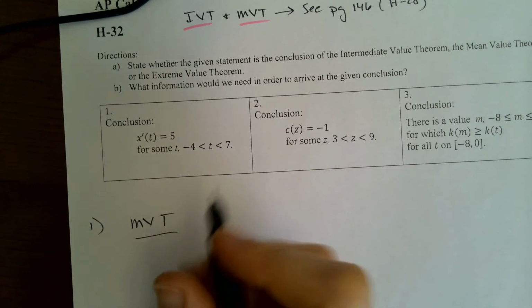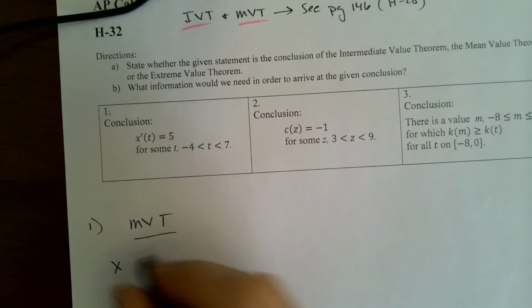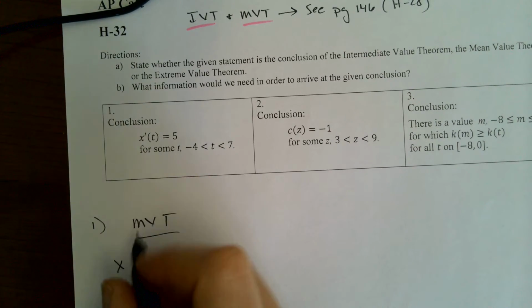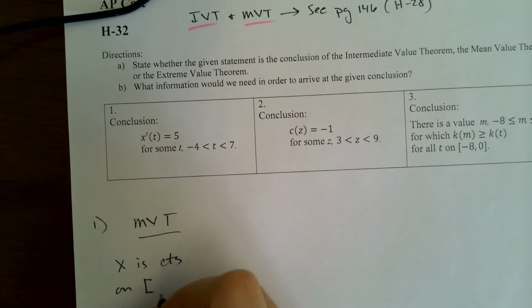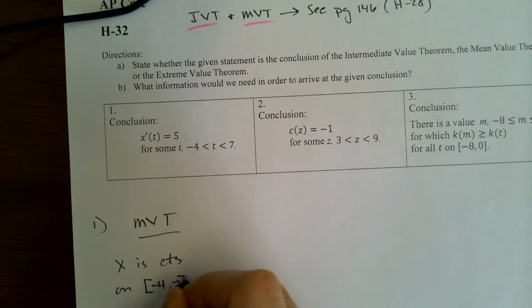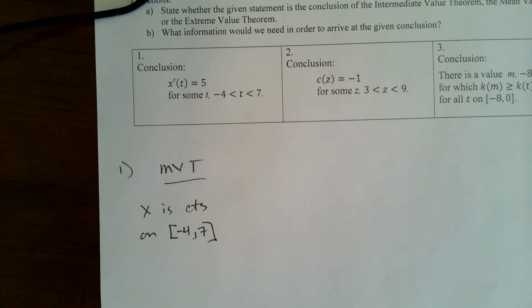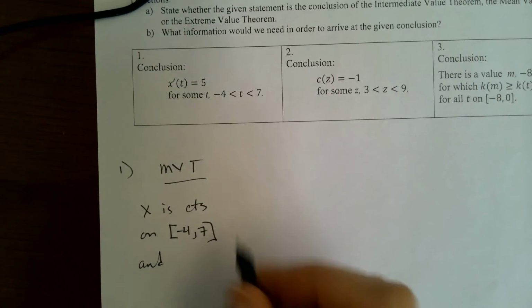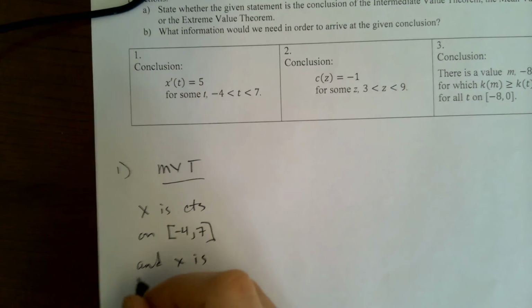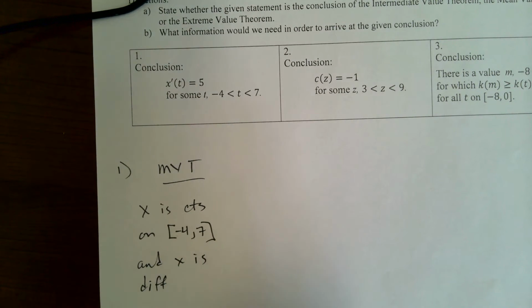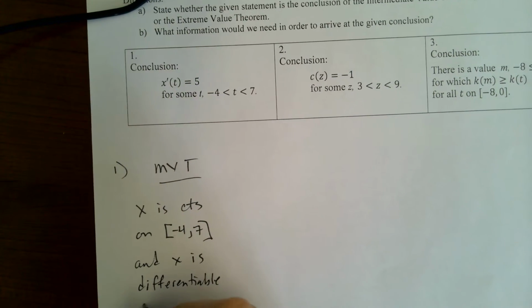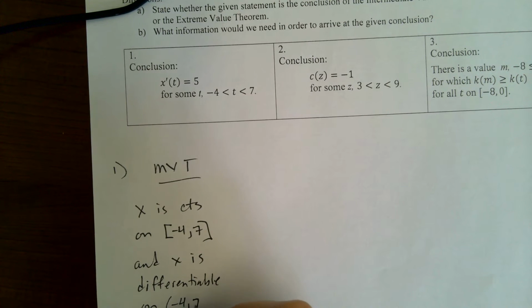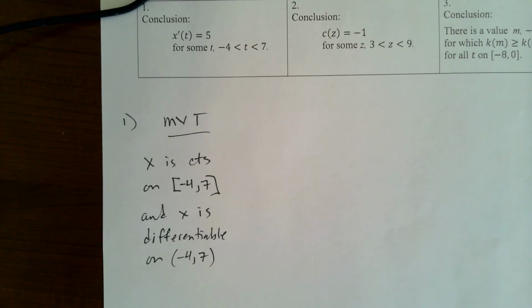Now, in order to apply the mean value theorem, there are two conditions that have to be true. Okay, x, the original function, not the derivative, x is continuous on the closed interval 4 to 7, that means it includes the endpoints, and x is differentiable on the open interval, -4 to 7, so not including the endpoints.